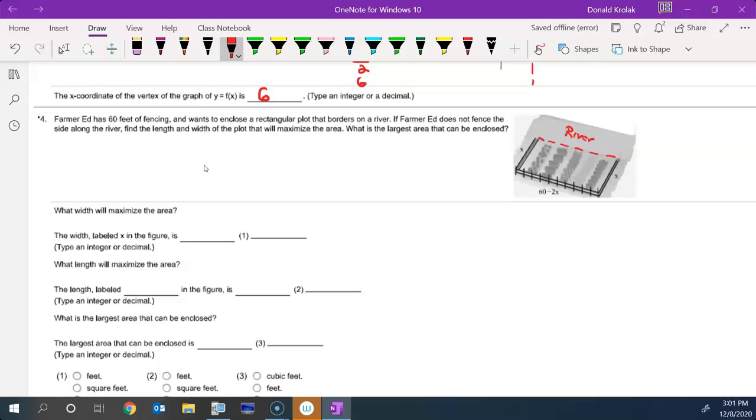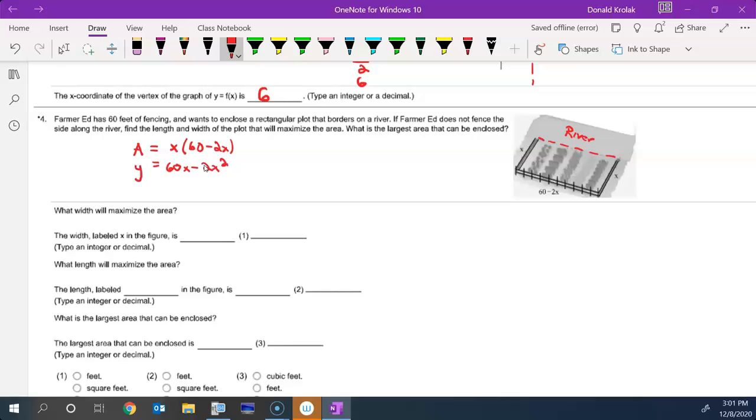So if it's asking what width will maximize the area, well, the equation that's going to give us the area is going to be the width of the rectangular plot times its length. So what we want to do is find the maximum of this.